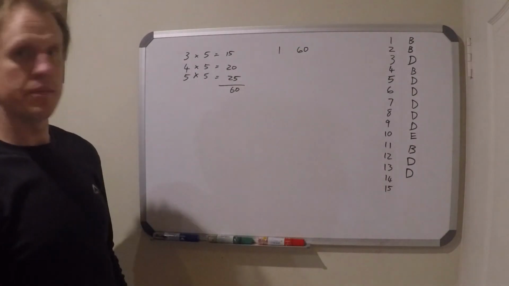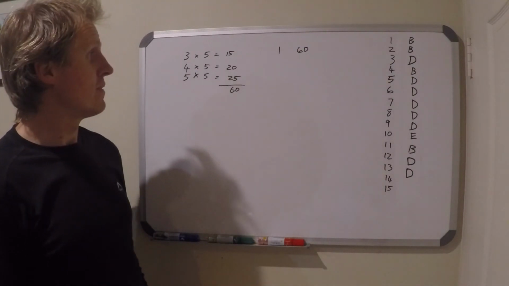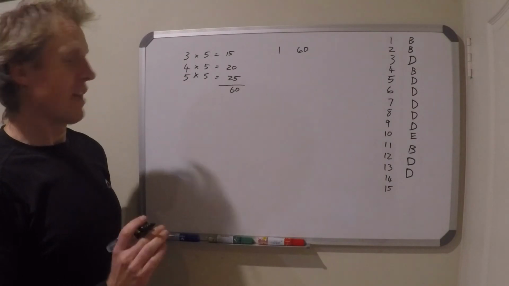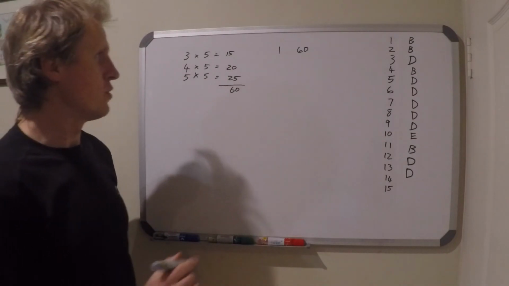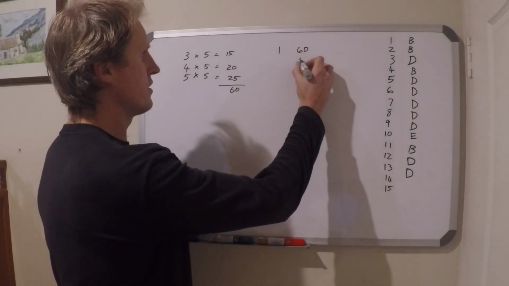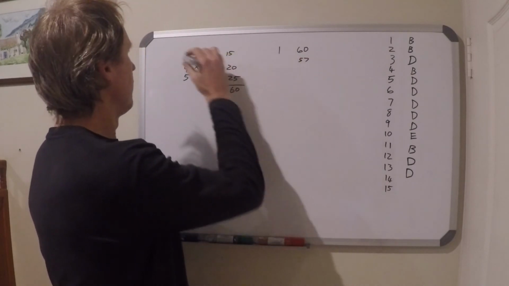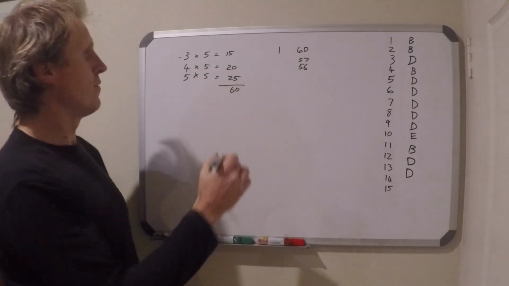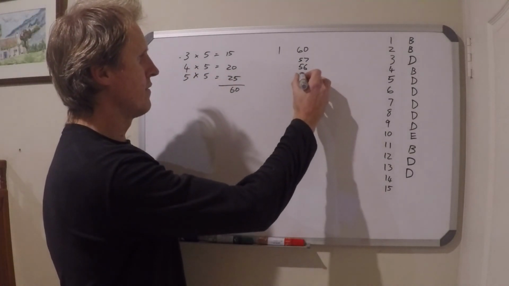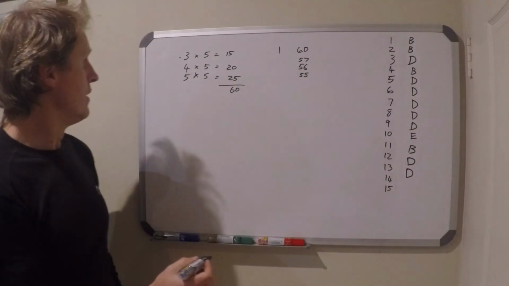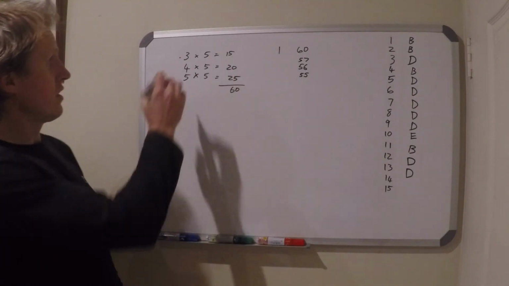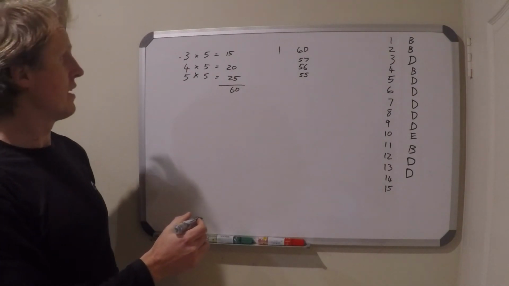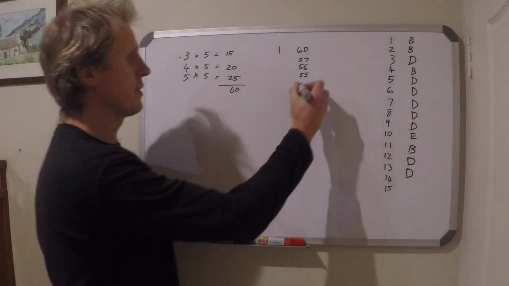It's impossible to get 59 or 58 because none of the questions are worth either 1 or 2 points, but it is possible to get 57 by getting the 3-point question wrong, 56 by getting the 4-point question wrong, and 55. And we can also get 54 points if we get 2 of the easy questions wrong.